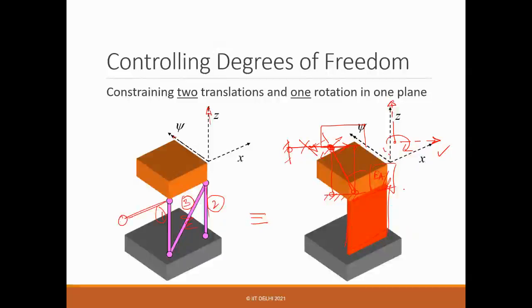All three constraints you can get just using one leaf spring. So you call it leaf spring or sheet flexure, and that's why they are used in the design.